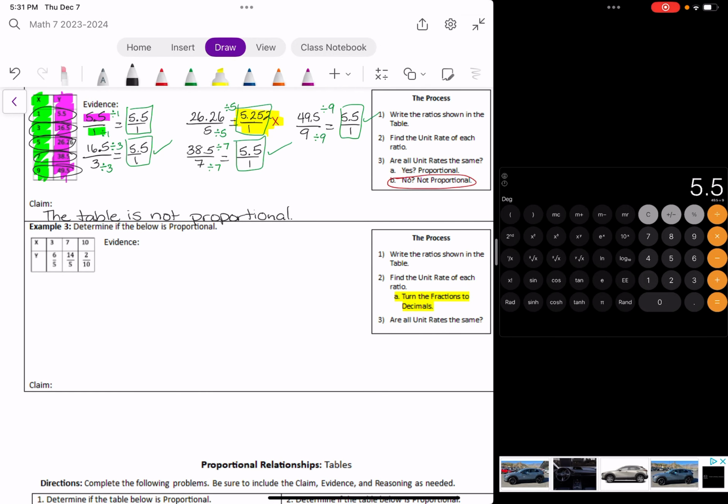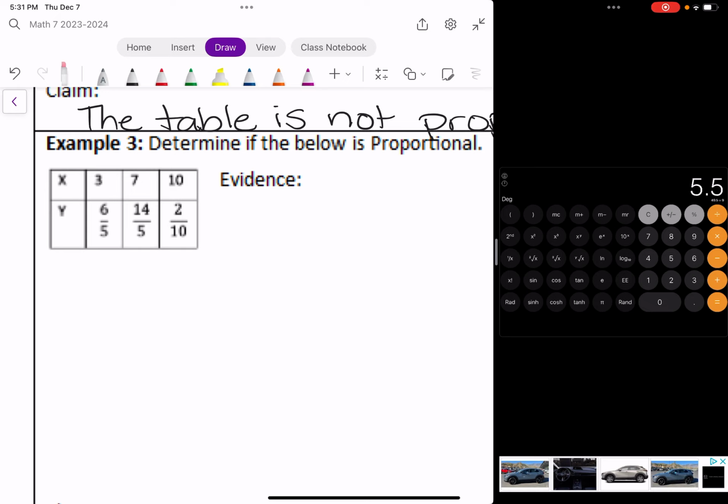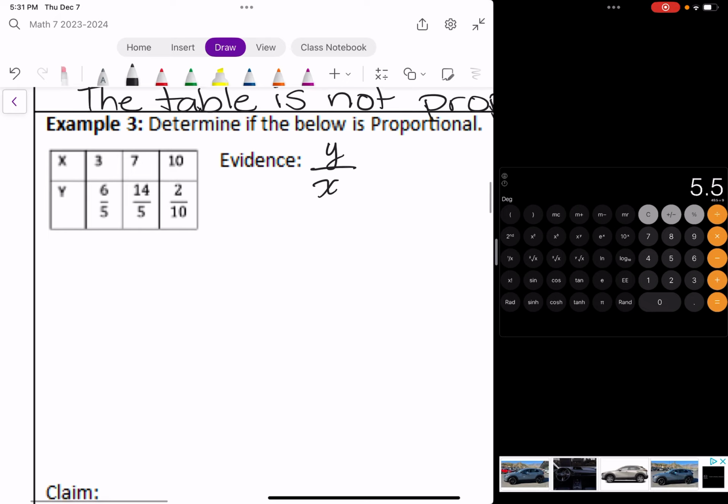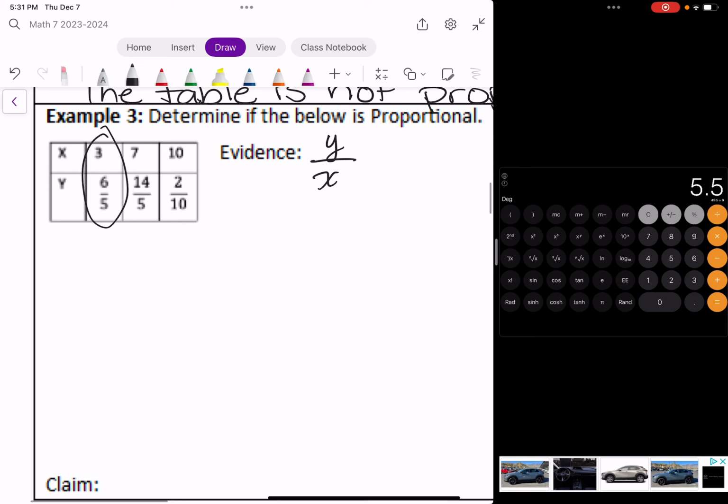Okay. Let's start doing the first thing, which is write the ratios shown in the table. So let's start writing our ratios. Our first one, and again, it's y over x. So our first ratio is going to be 6 over 5 over 3.